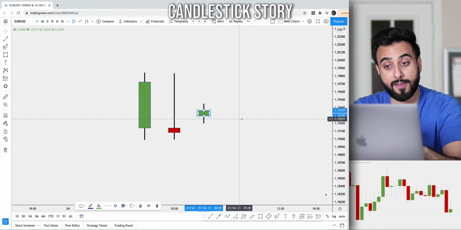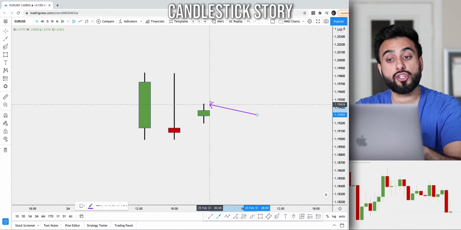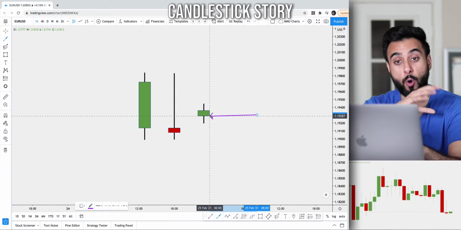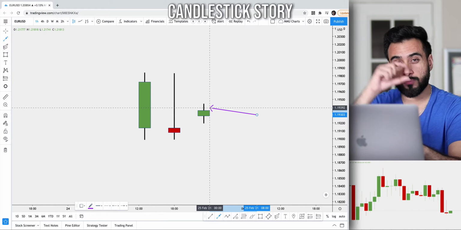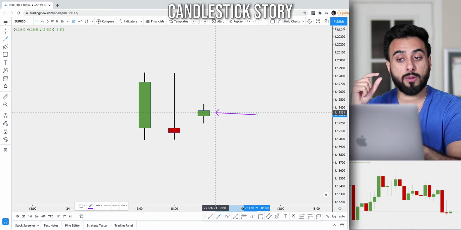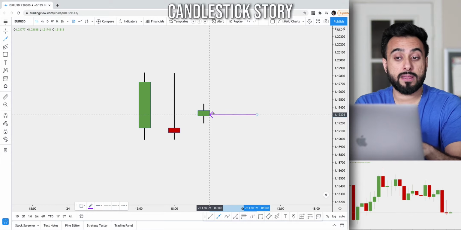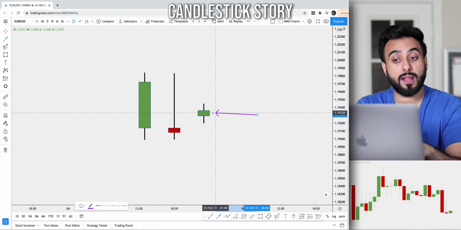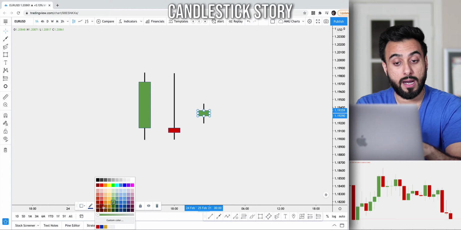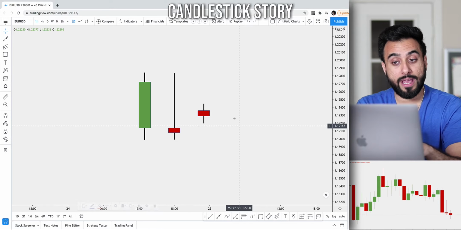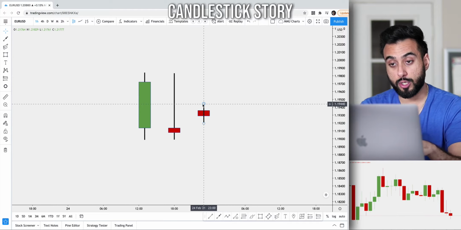The point is, if you see a candle like this, this shows a lot of indecision in the markets, meaning within that whole hour the price just kept moving up and down in a small little range, and the market wasn't really sure on which direction it wanted to go, meaning the market is kind of unsure and it has a lot of indecision. Whether the body is green or red, the body is small and the wicks are small as well, showing the market didn't really know which direction it was going.